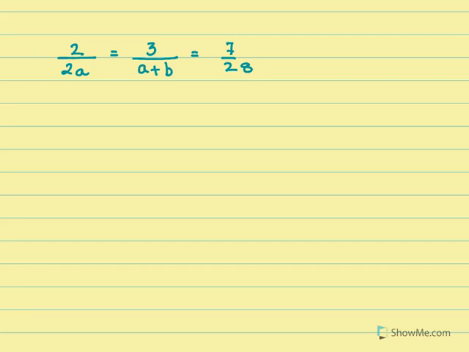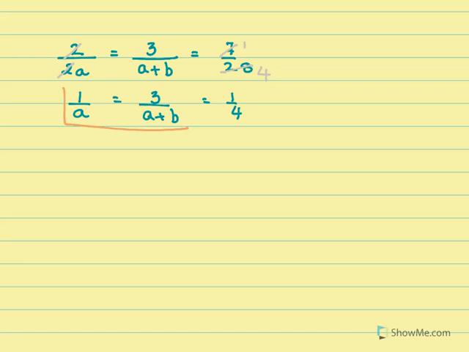Here we can reduce this. So we reduce the 2s and this is 4s. So we can now write it again: 1 by a equal to 3 over a plus b equal to 1 by 4.